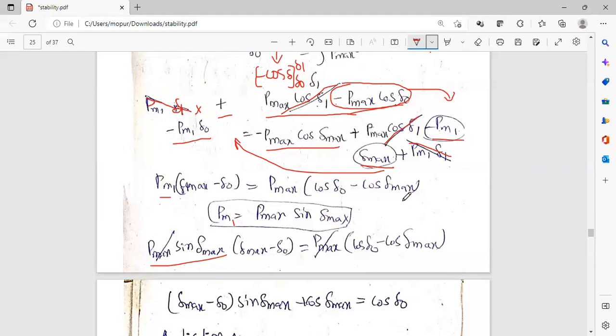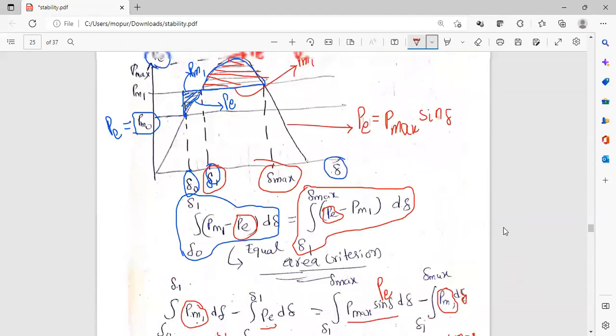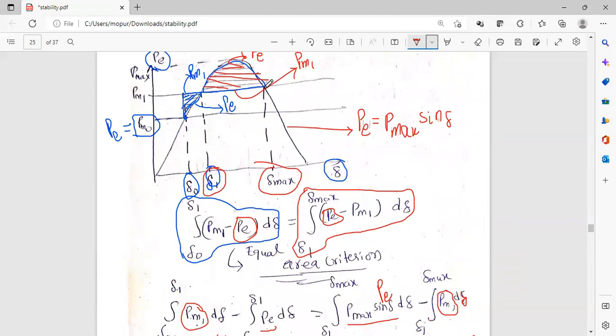Because normally we say PE is equal to PM1. When PE is equal to PM1, from this curve, this is PM1. At this point, PE is equal to PM1. So if we consider PE at this point, PE can be written as PM sin del max. At that point, del is actually del max. So PM sin del max.